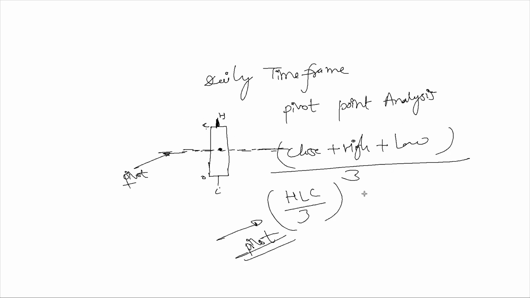Okay, let's go: pivot, and then there's BC, which is high plus low by 2, and then there's TC, which is pivot minus BC, plus pivot.